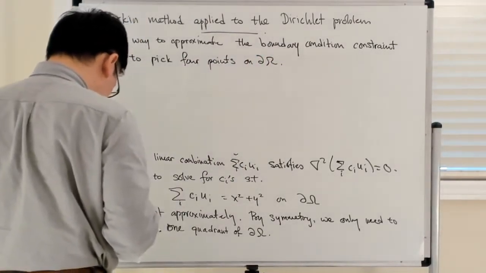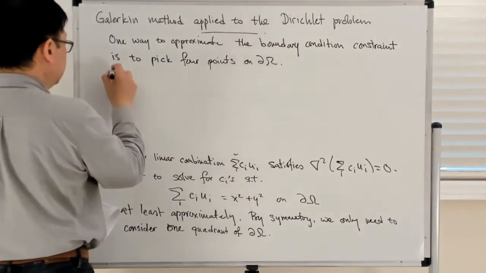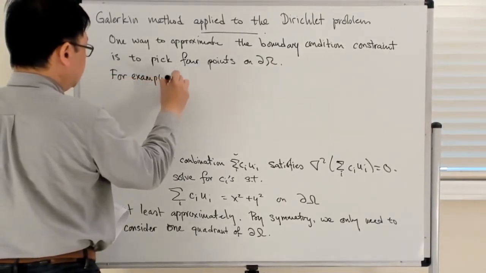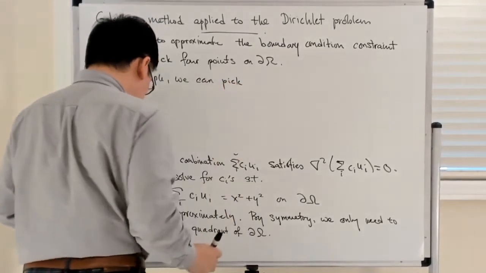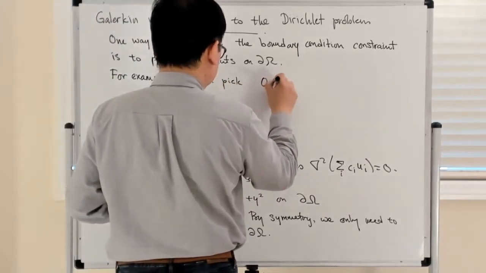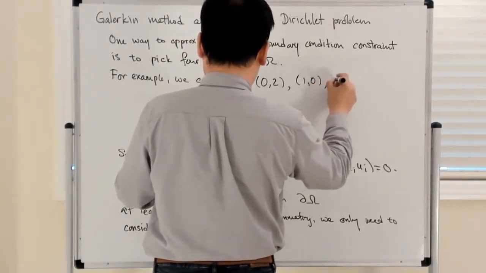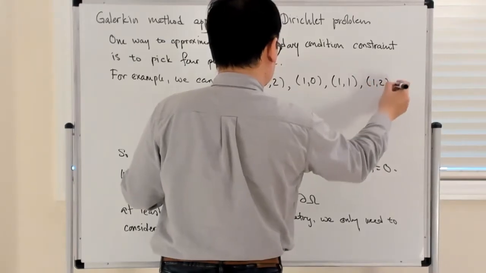For example, we can pick these 4 points: 0, 2; 1, 0; 1, 1; and 1, 2.